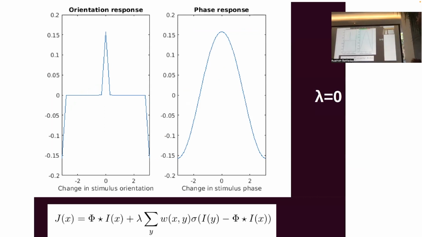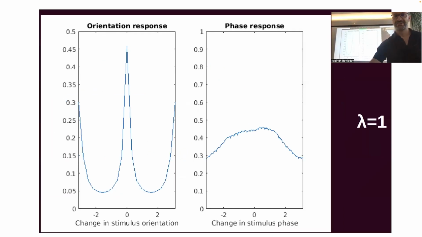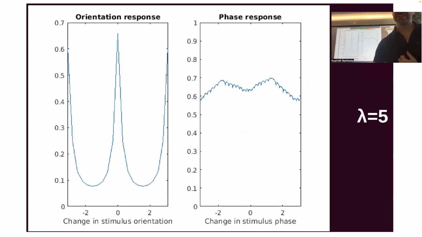This is for lambda equals 0. We see that it's phase selective, with an orientation tuning curve. And as we increase lambda, there is less selectivity to phase. And this is for lambda equals 5, so it has the behavior of a complex cell. So the iterative model should work.